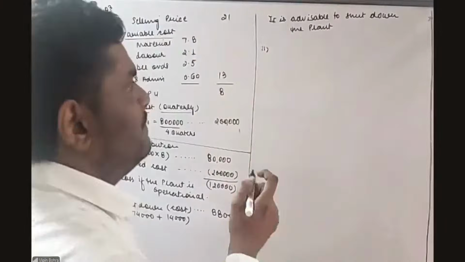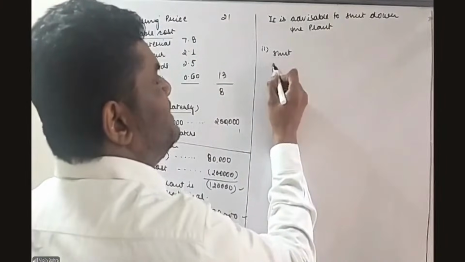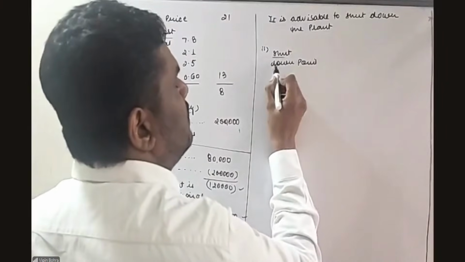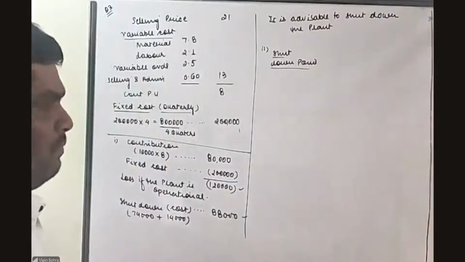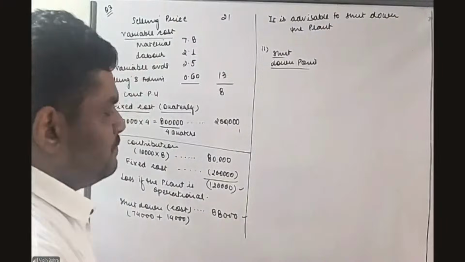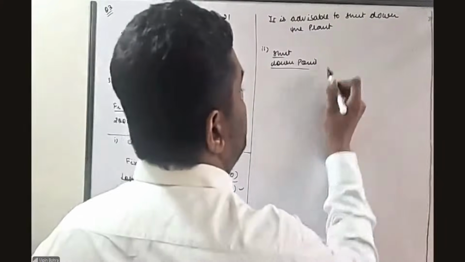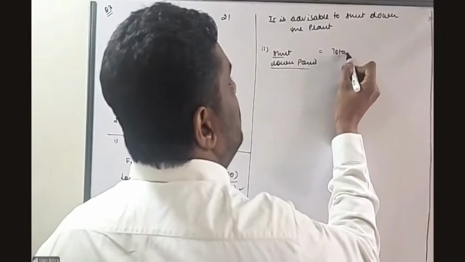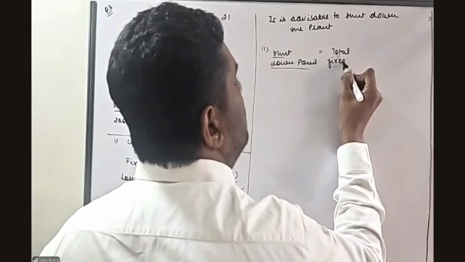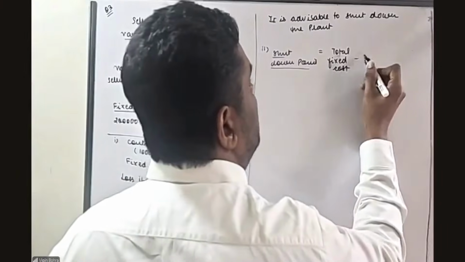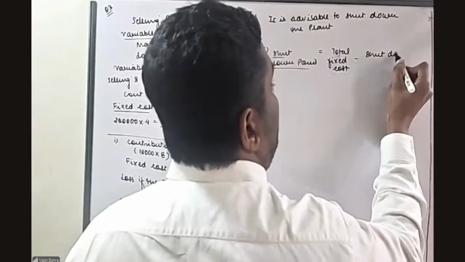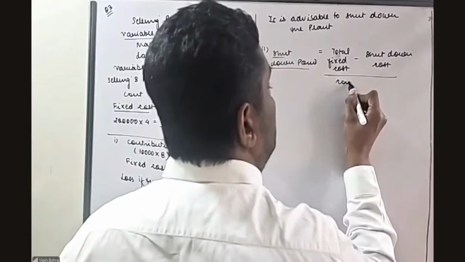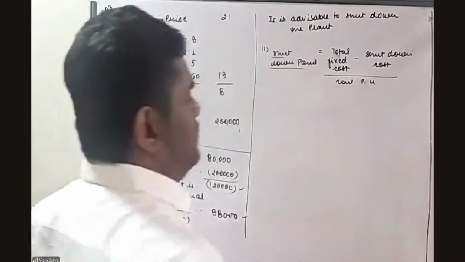So herein, the formula that is given in the study material is total fixed cost minus shutdown cost, divided by contribution per unit.